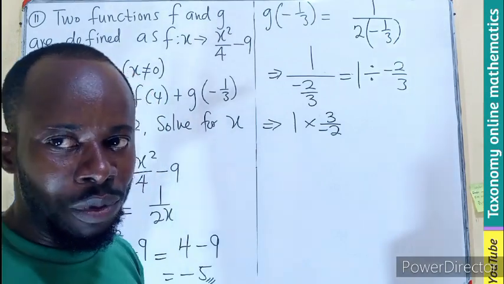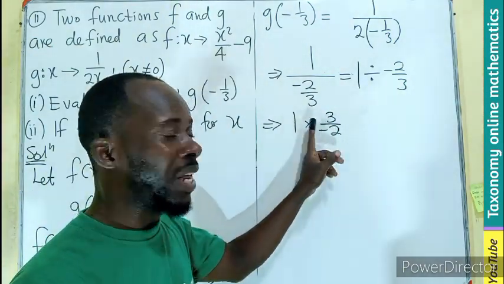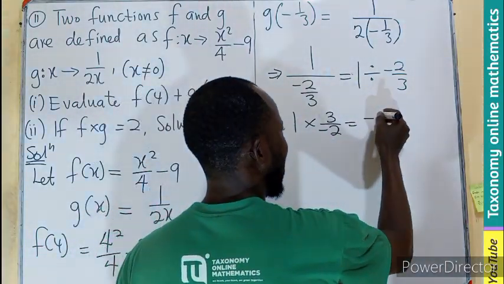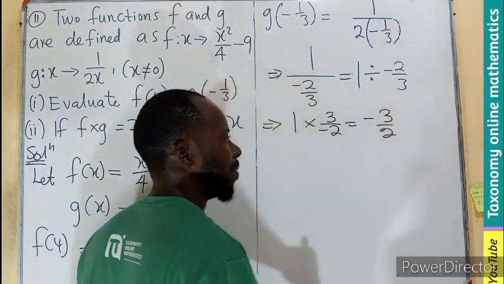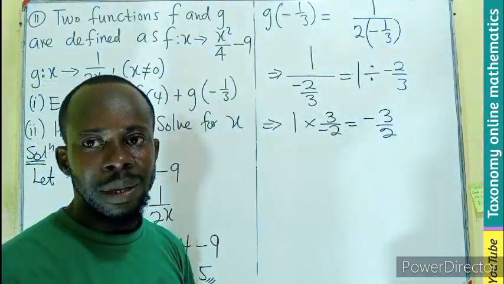Forget about where the minus will be. The minus could be with the 3 or the 2 or even in front of them. So this is just going to be negative 3 divided by 2. If you multiply any number by 1, you get the same thing.